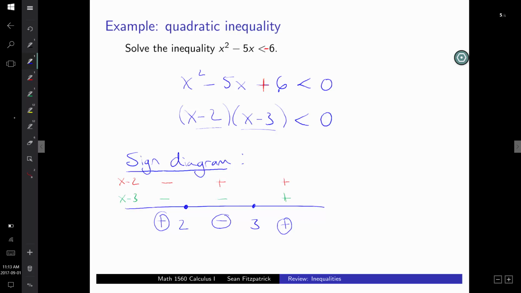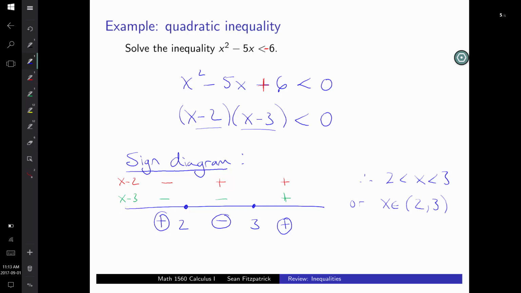So I look at this, I say, all right, the only place where it's negative is in between 2 and 3. And so that means that I need x to be between 2 and 3. The other way we could say this in interval notation, we could say that x belongs to the open interval from 2 to 3.